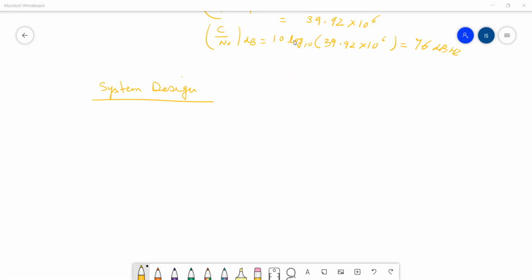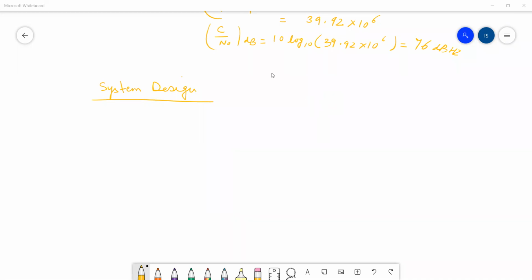So in uplink design, what will we consider? We will consider the frequency of the uplink signal, that is uplink frequency. We will consider the atmospheric condition that will create losses during the transmission of the signal.